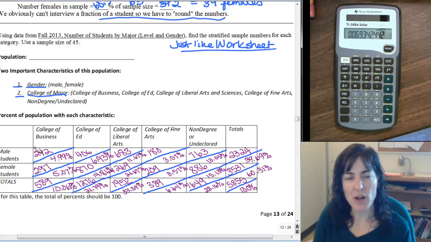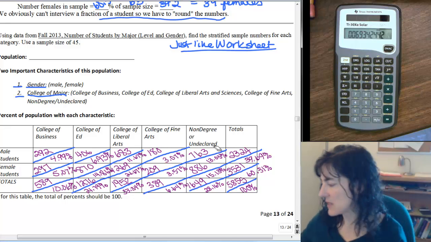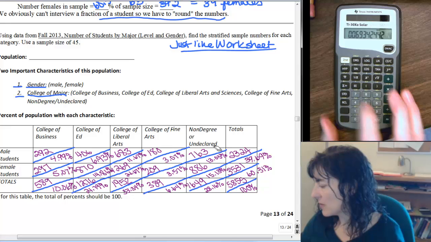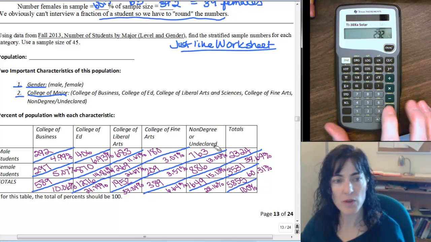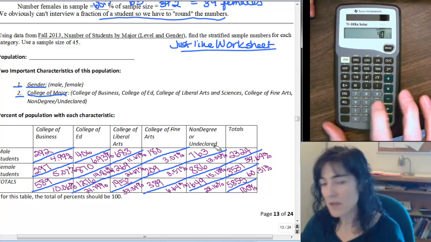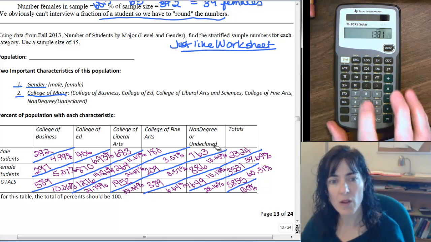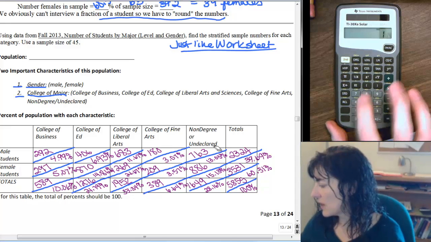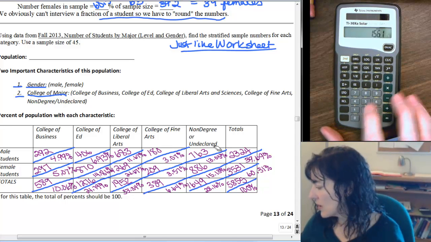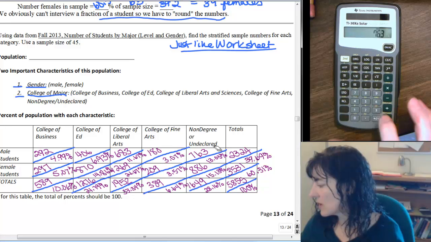Now, the first thing I would want to do is add up the 292, the 406, the 683, 180, and 763. So I have 292, 406, 683, 180, 763.